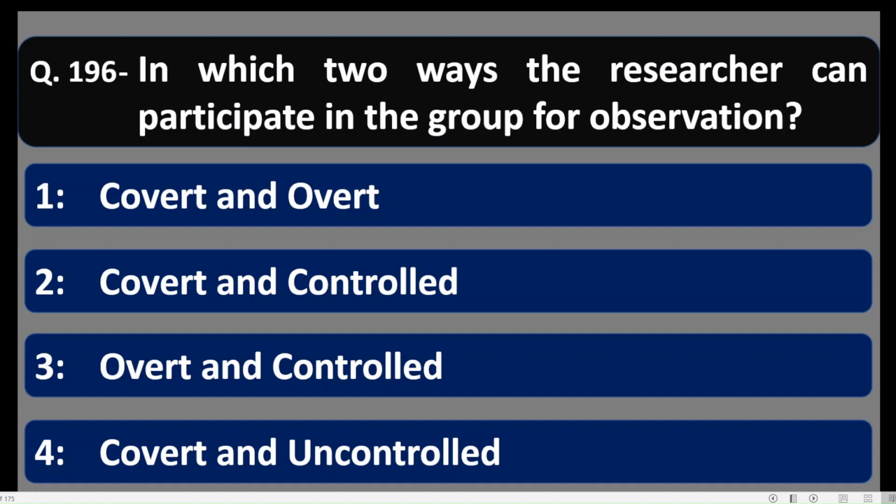In some researches like ethnographic research, the researcher has to be a part of the group. So he has to do participatory observation, and there are two ways of participating in the group for observation, and those two are covert and overt.